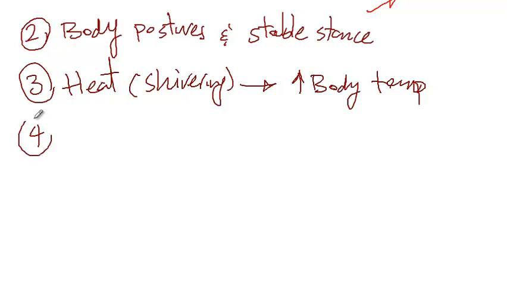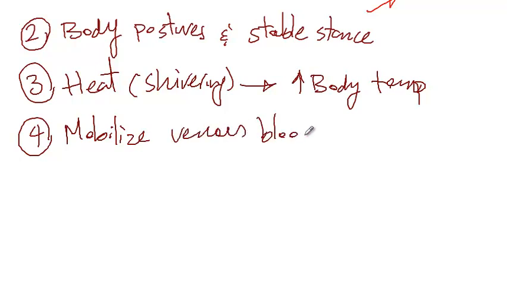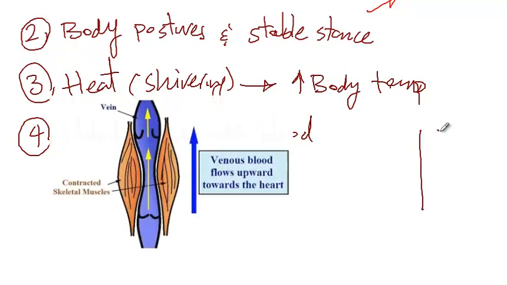Skeletal muscles can also be used to mobilize venous blood. So in our circulation lecture, we discussed how the blood in the veins that are in lower extremities needs some help in order to be pushed back to the heart. And this system relies on different mechanisms.